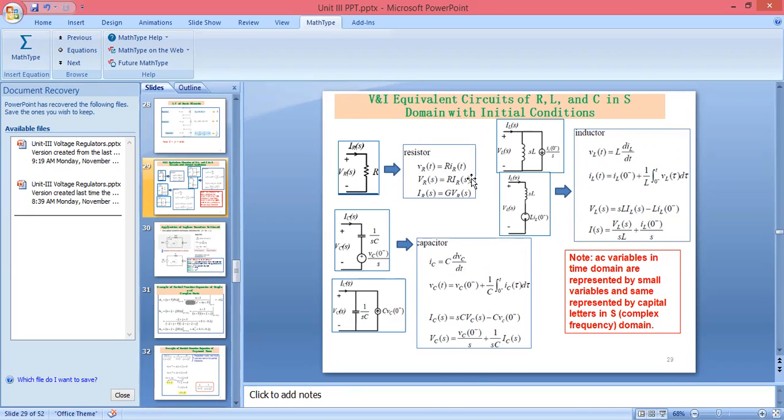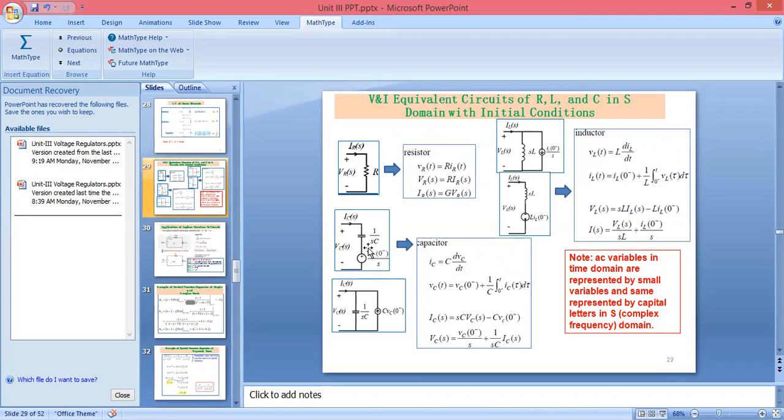I have given here the names VR of S, IR of S, because we are converting the time domain into the frequency domain, so I have written these values in the frequency domain. Now we are supposed to calculate the value of voltage for the capacitor.